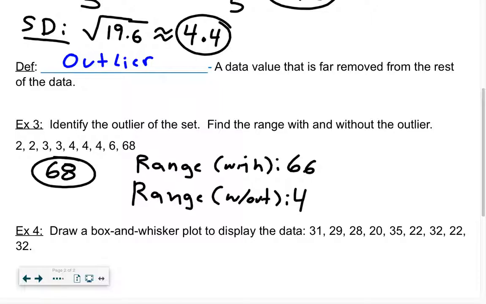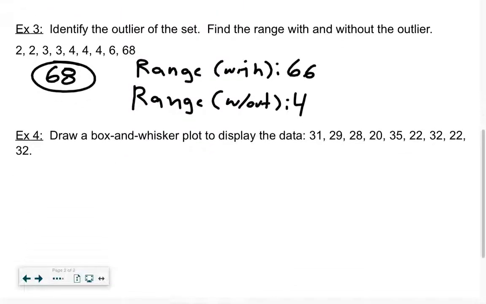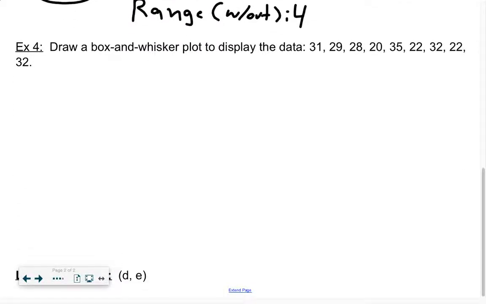And what would be the benefits of doing that? I mean, to me, if I'm going to present this information to somebody, I'm not going to say, yeah, we had a really big range of 66. But I would also point out the fact that, if we removed one of these test scores, our range was actually quite close to one another, actually within 4. So I think the 4 would give us a better representation of what's taking place as opposed to that 66.